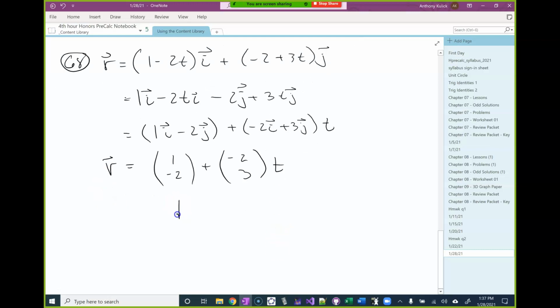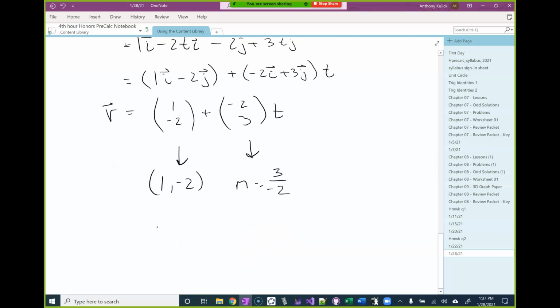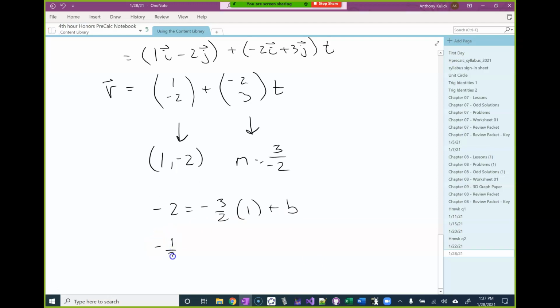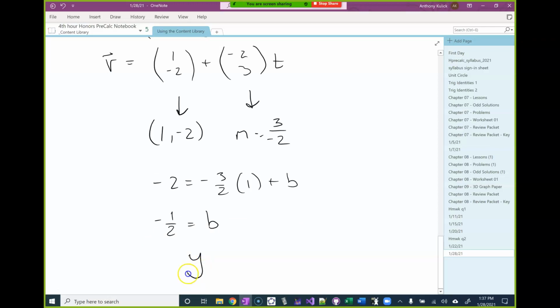And then from there, it's pretty easy. There's a point, and there's a slope. So I can say y equals negative 3 over 2x minus 1/2.